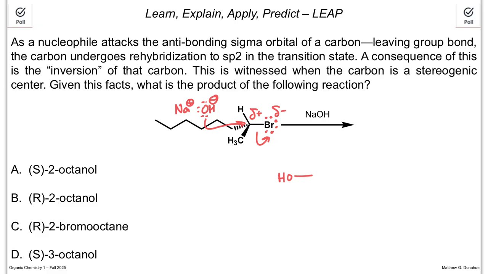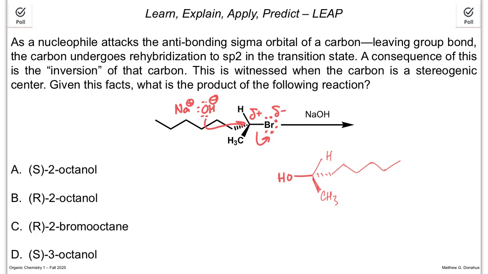Since the H was in the plane, we're going to leave it in the plane. The methyl was coming out towards us, and then the rest of the chain was going back. So that would be one way of showing the product with the inverted stereocenter.